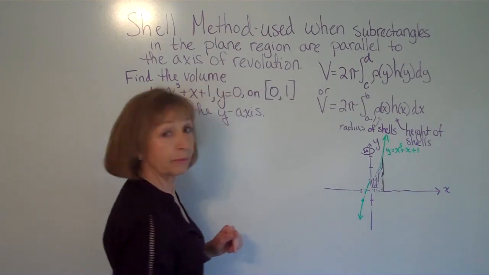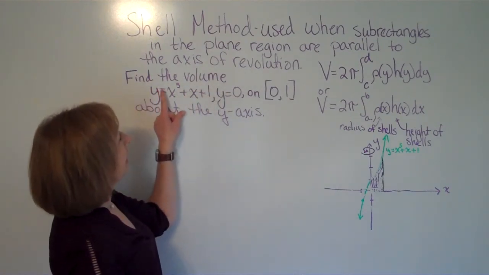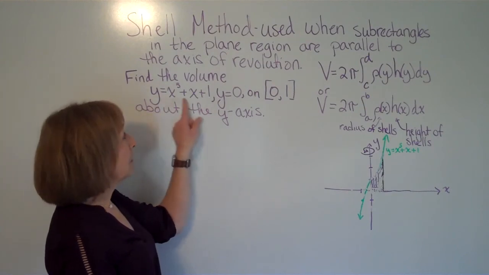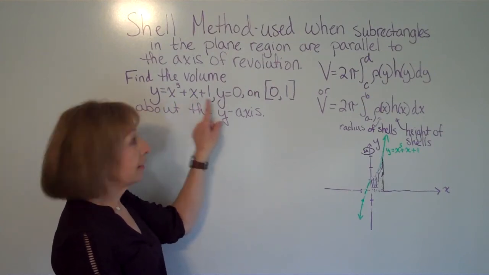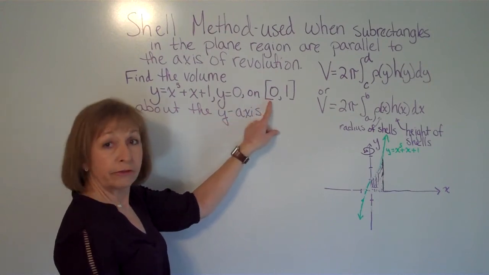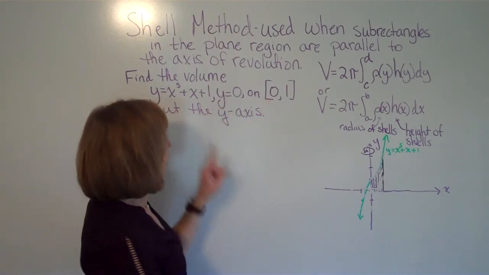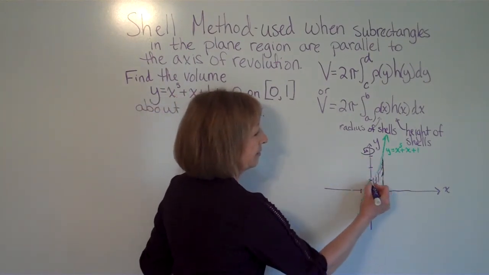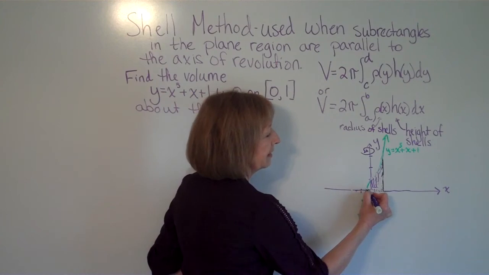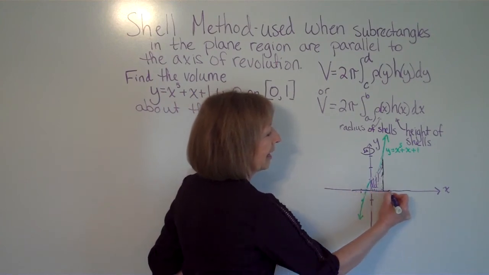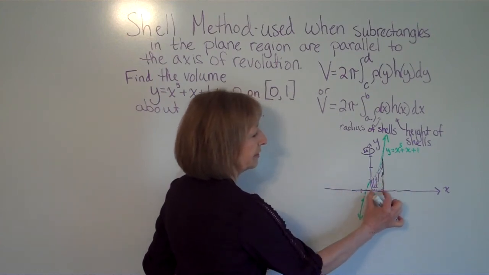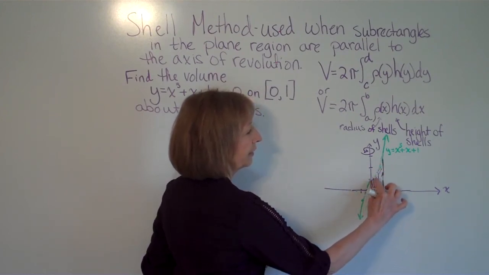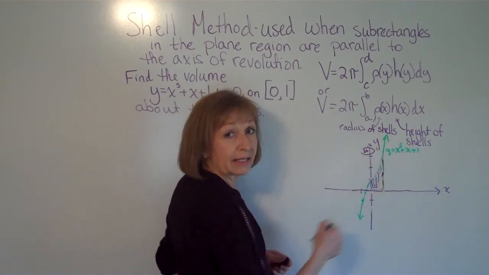So let's look at this example specifically. Find the volume of the solid formed by revolving the region bounded by y equals x to the fifth plus x plus 1 and y equals 0 on the interval from 0 to 1 about the y-axis. Here y equals 0 is the x-axis over the span from 0 to 1, this is x equals 1, and my green curve is y equals x to the fifth plus x plus 1.